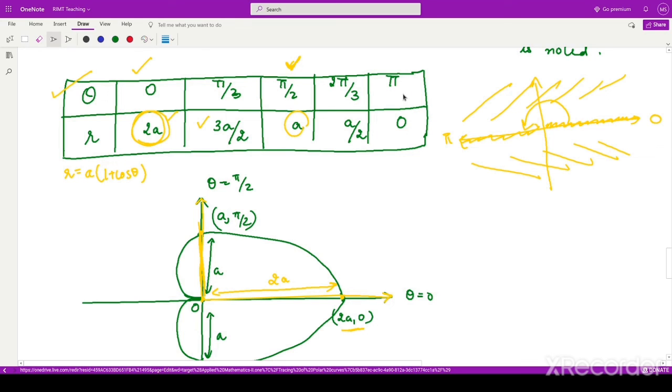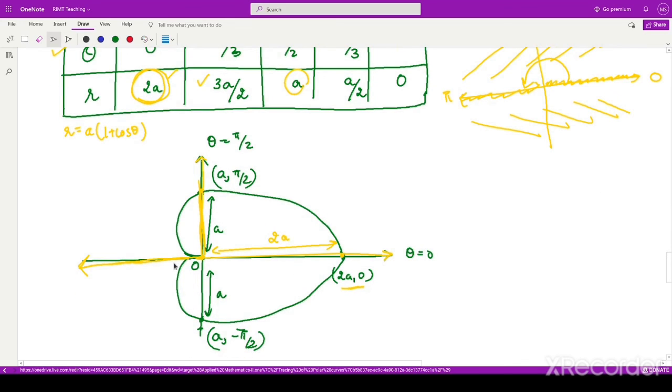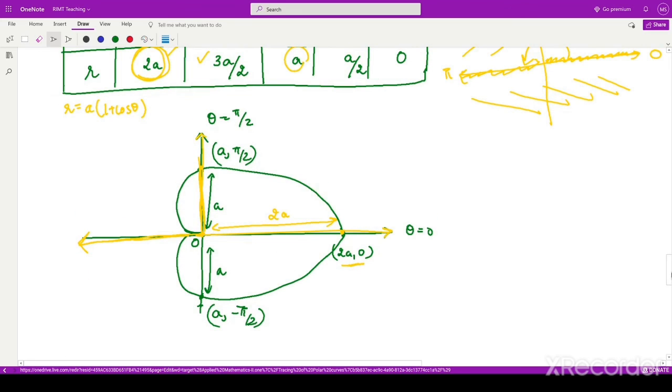And moreover, when theta is pi, pi is here, so the distance covered is 0. So all in all, you have this kind of shape, and due to symmetry the same shape is obtained on the lower quadrant. So this is our curve that we obtain.